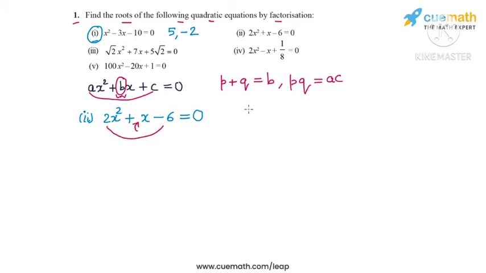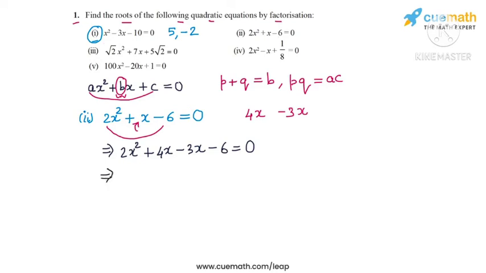Those two numbers are 4 and minus 3. So we'll split the middle term x as 4x and minus 3x. So we will get 2x square plus 4x minus 3x, and minus 6 is equal to 0.